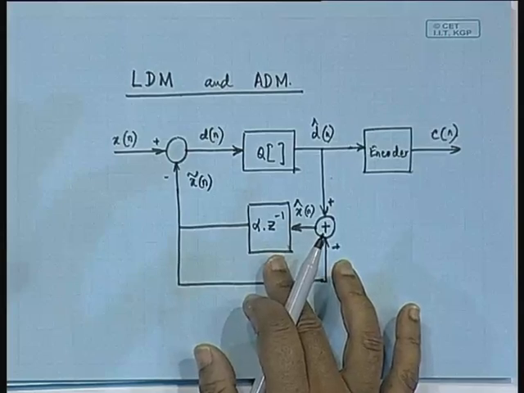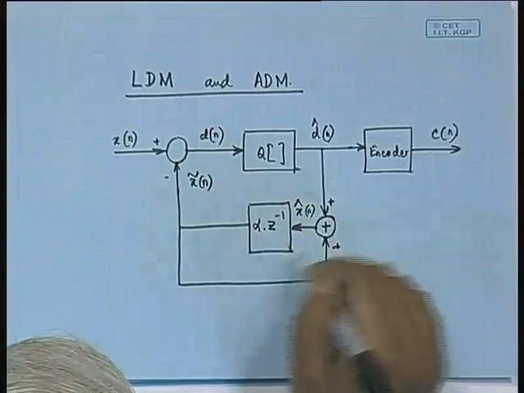Okay, that is what is called the first order predictor. In fact, the order of the predictor is defined like this, that it basically refers to the number of previous samples that you are using for the implementation of this prediction part.